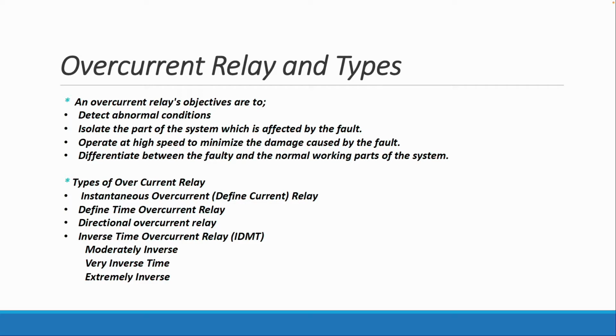It also differentiates between the faulty and the normal parts of the system. The types of overcurrent relay are the instantaneous overcurrent relay, the definite time overcurrent relay, the directional overcurrent relay, and the inverse time overcurrent relay, which has three sub-classifications: moderately inverse, very inverse, and extremely inverse.